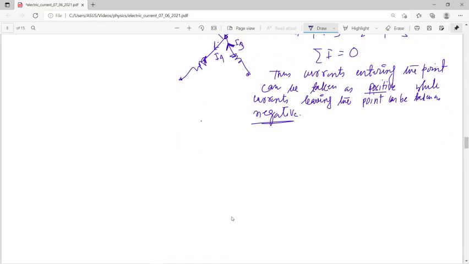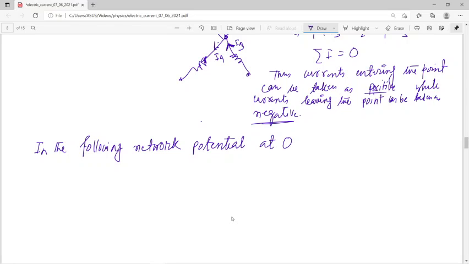Now look, a question came. The question is, in the following network you have to find the potential at O. This pictorial diagram is given.